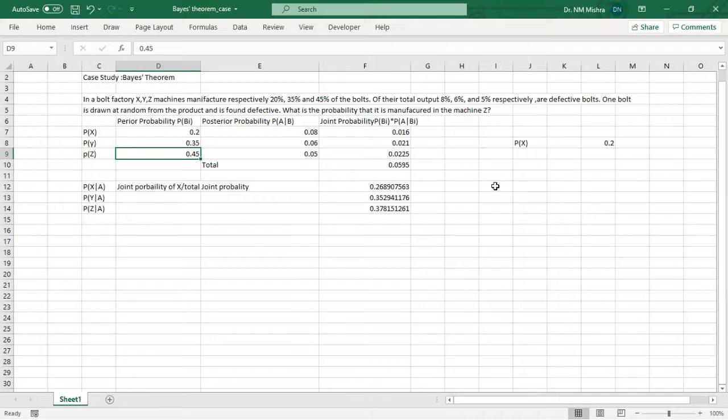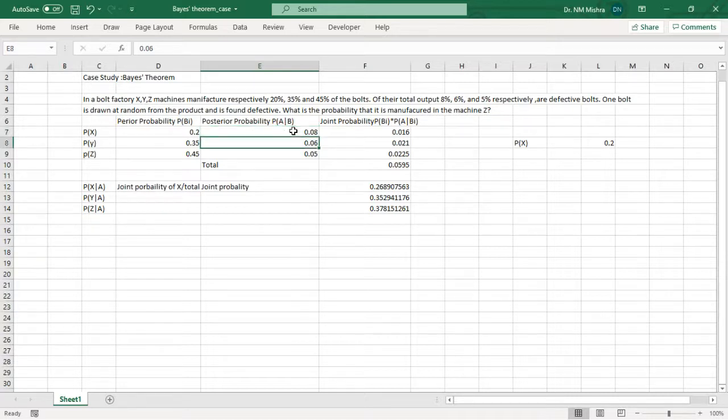Am I right? Out of 100, 8% is 8. So out of 200 bolts, 8% means 16 bolts. So the posterior probability is given: out of whatever machine X is manufacturing, 8% of that is defective.